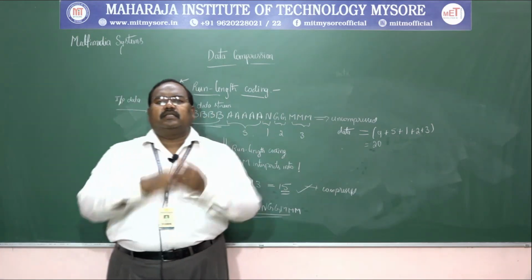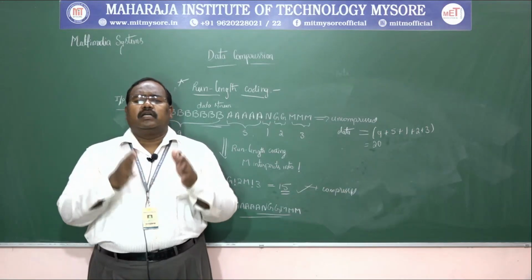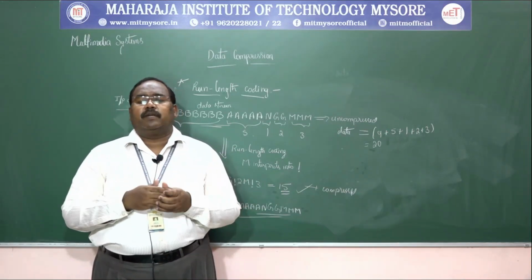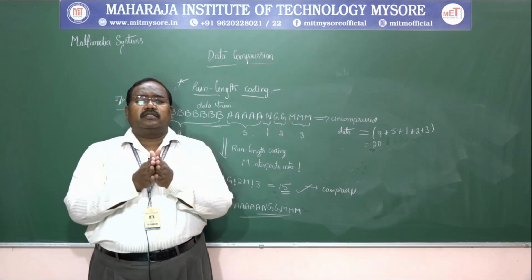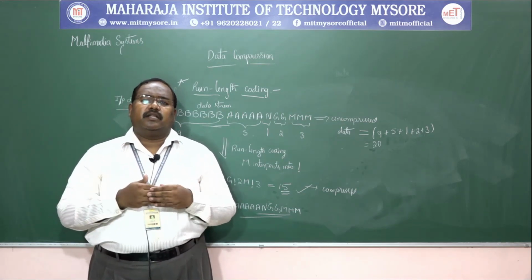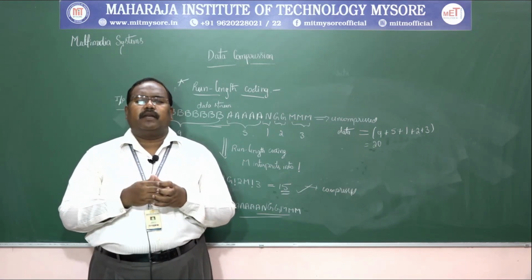To summarize the session, we have understood the different types of compression, that is, lossy and lossless compression, and the different types that come under them: entropy, source, and the combination of these two, which is called hybrid.